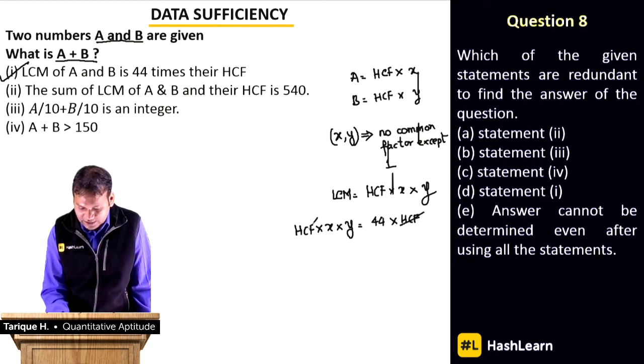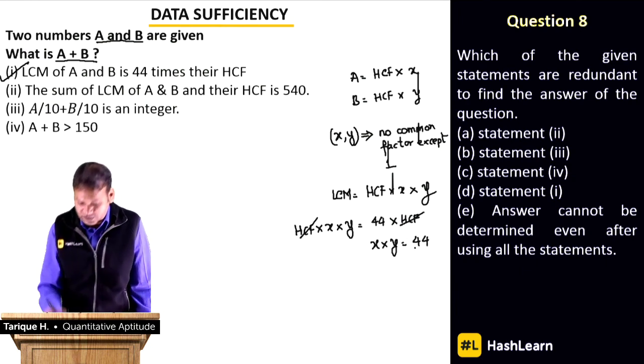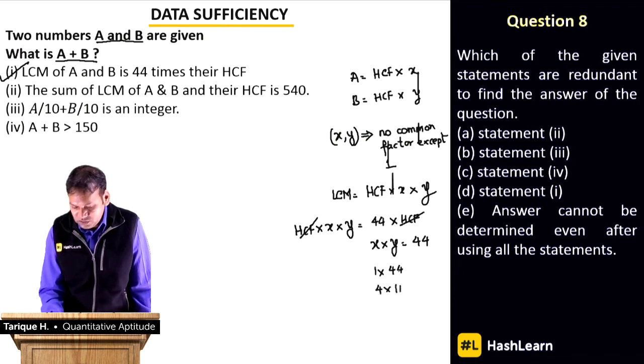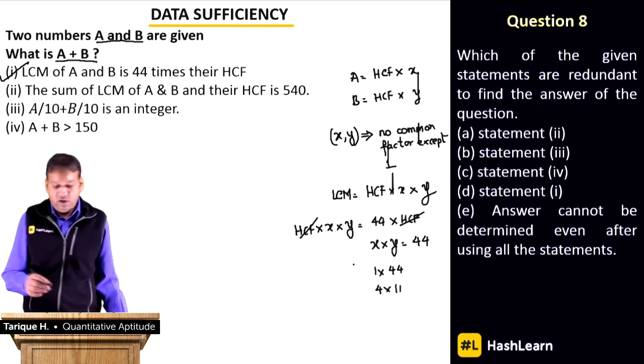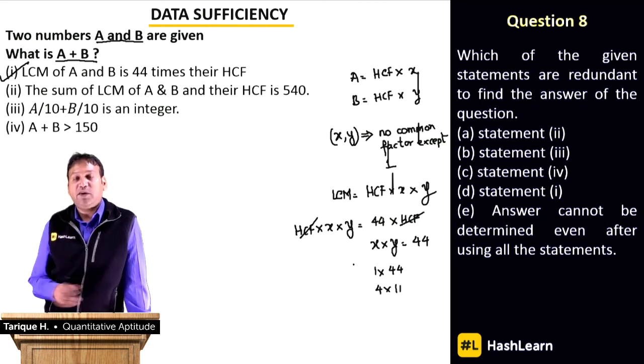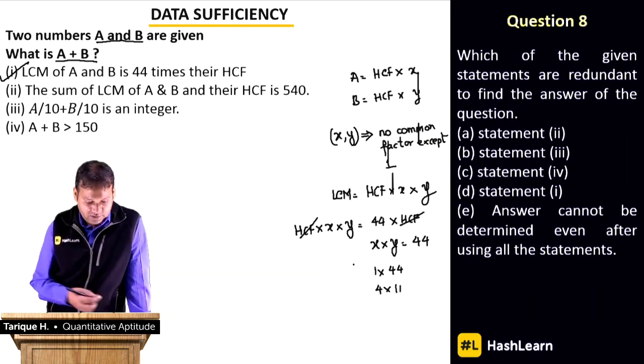So HCF is cancelled, and X into Y is 44. Since these two numbers are co-prime, there are two options: 1 into 44 and 4 into 11. We cannot find out exactly what X and Y are from statement 1, but we have got an idea. There are two options only: 1, 44 and 4, 11.